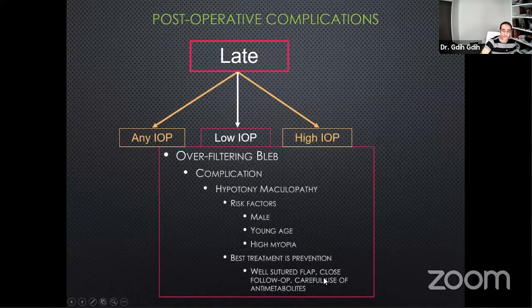So a well sutured flap, close follow-up, careful use of antimetabolites. Sometimes in a young myopic male, you may want to avoid the use of antimetabolites or use a very low dose and very short exposure time, just to avoid hypotony maculopathy.